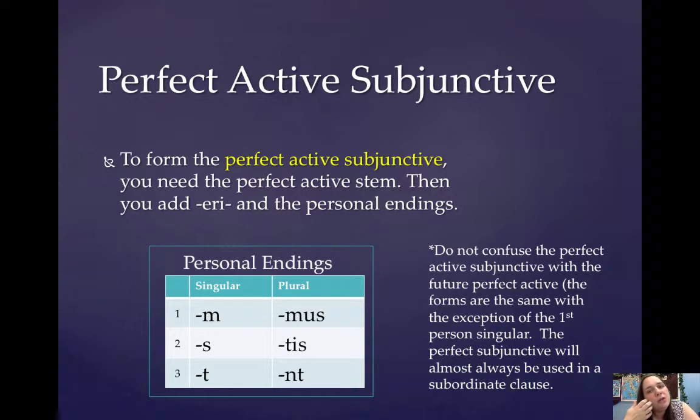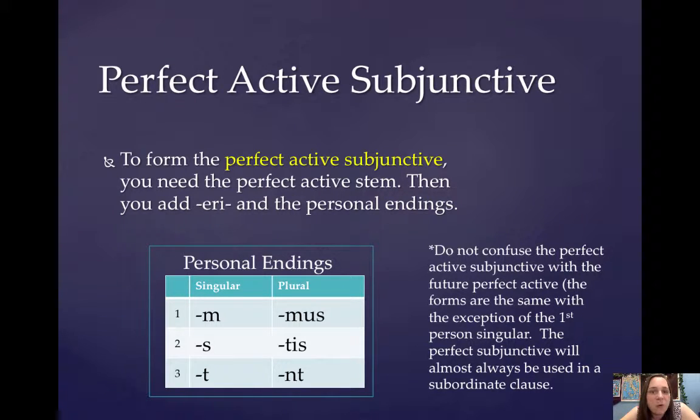So as you learn this new tense, you're only learning the perfect active subjunctive today. It works the same way for all conjugations, all verbs, irregular, non-irregular, whatever, for sum and for possum, okay? So if it can form a perfect active subjunctive, this is how it does it.